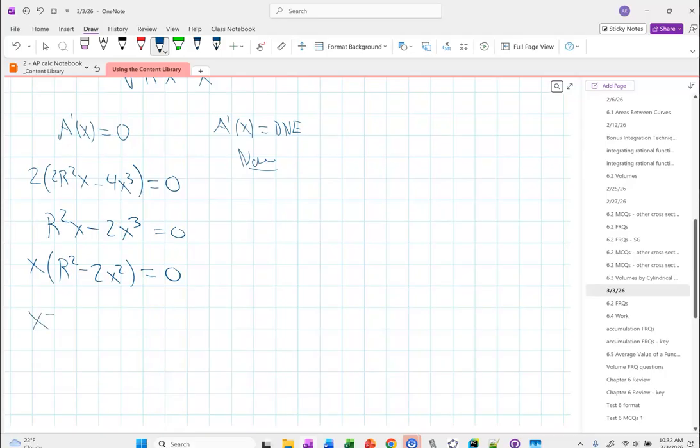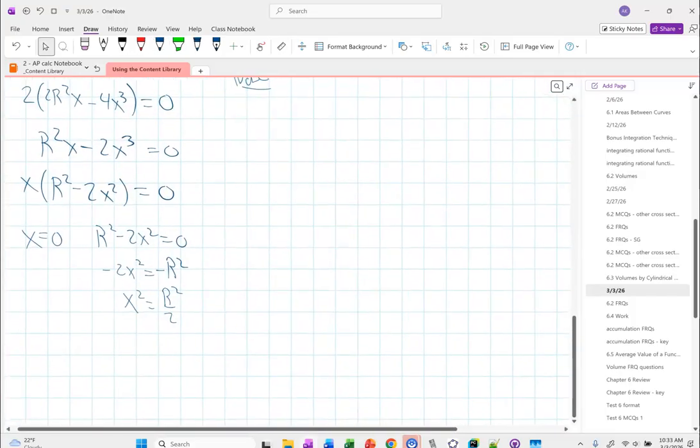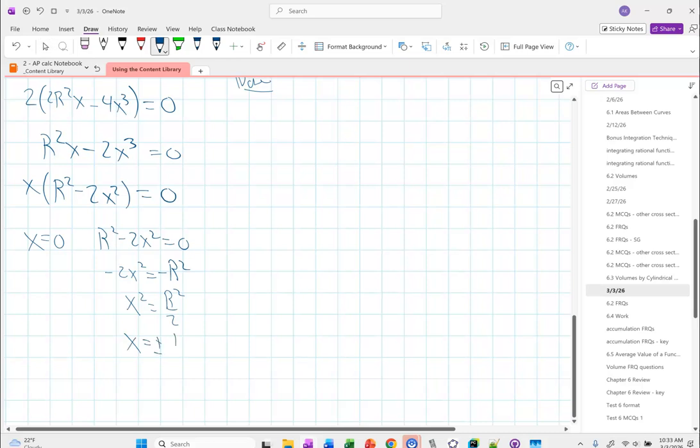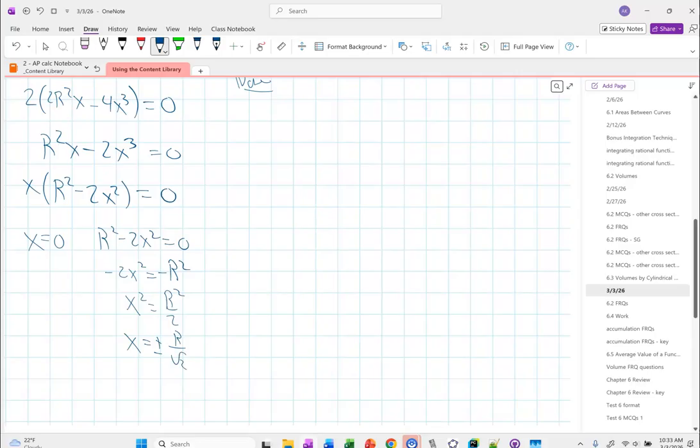So then I have x equals 0. Now I can discard the negative result. Why? The domain for x we said had to be greater than 0.